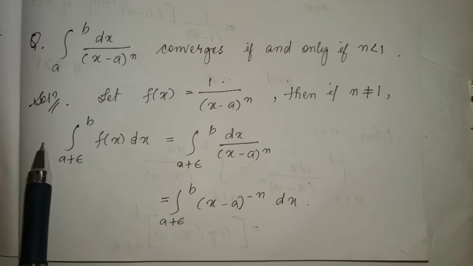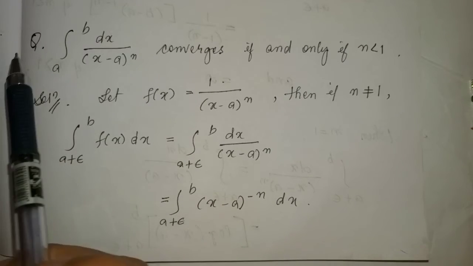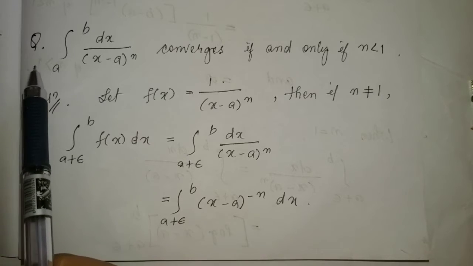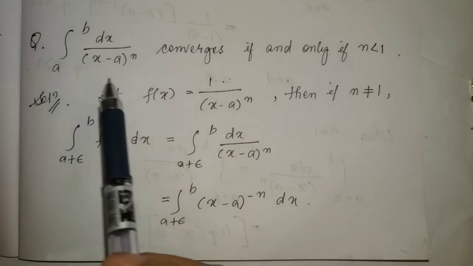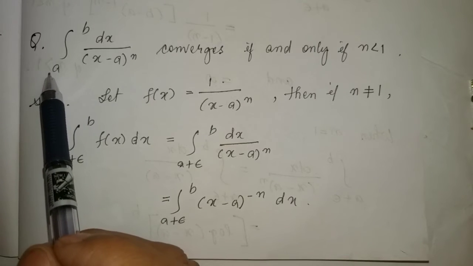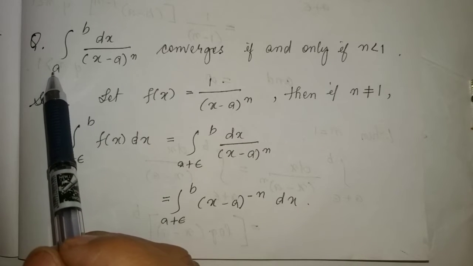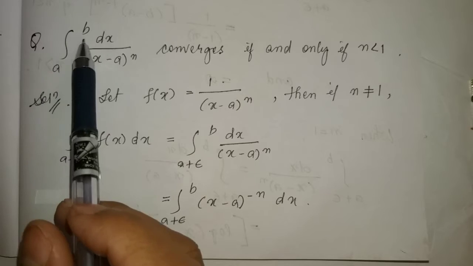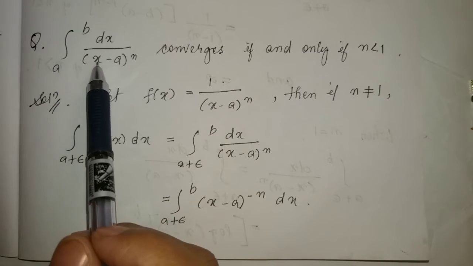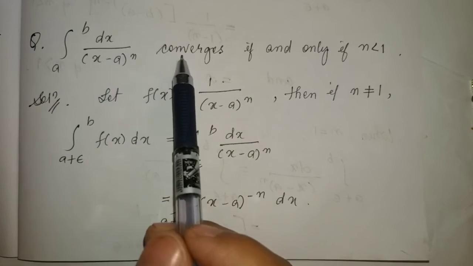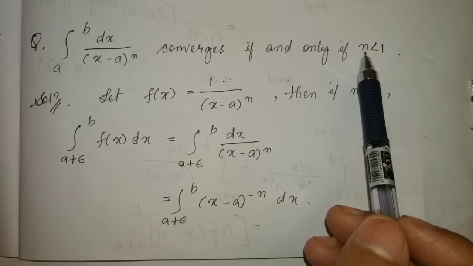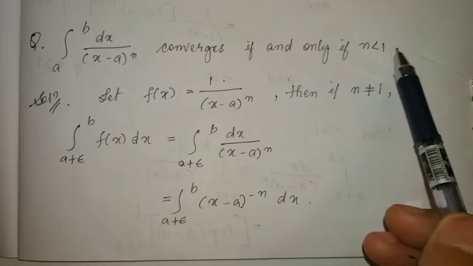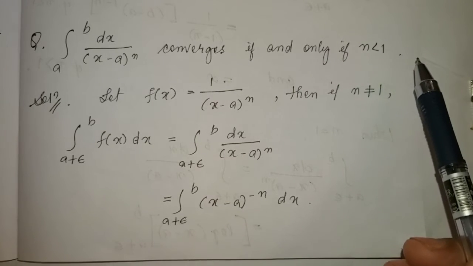Now let us come to the first problem. In this problem, the integral a to b dx by x minus a to the power n converges if and only if this n here is less than 1.